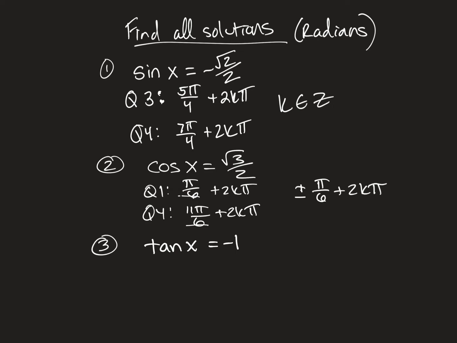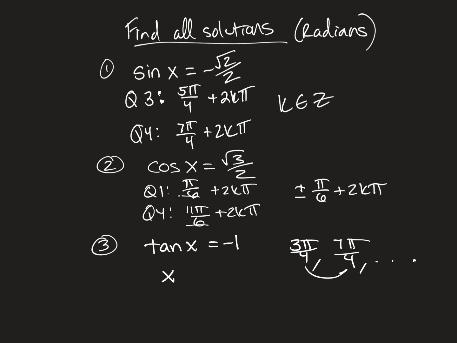But remember, with tangent, the period is pi, so all I need to do here is to get all angles, because if I think of the angle in quadrant 2 when I take the tangent, which gives me negative 1, it would be 3 pi over 4. And then the quadrant 4 angle would be 7 pi over 4, and so on.